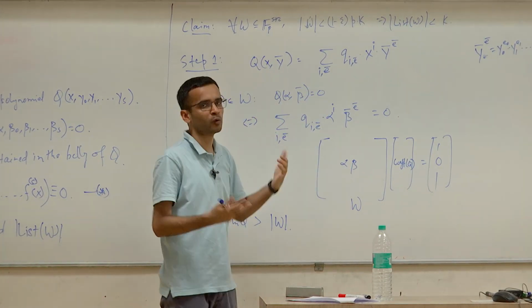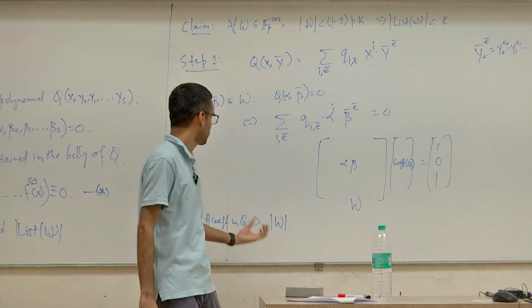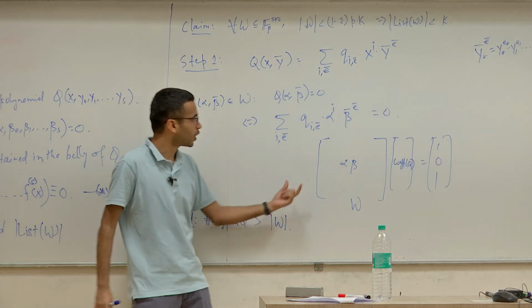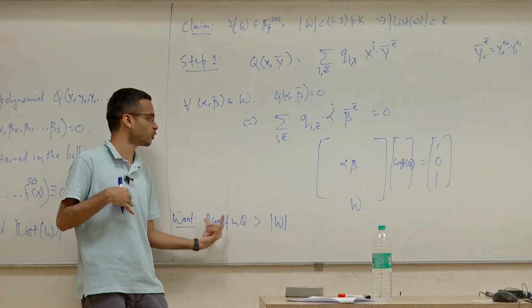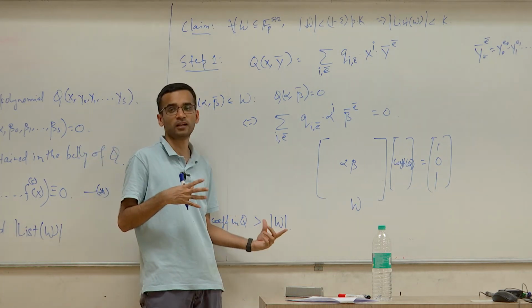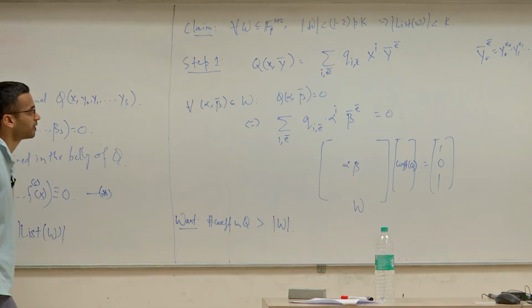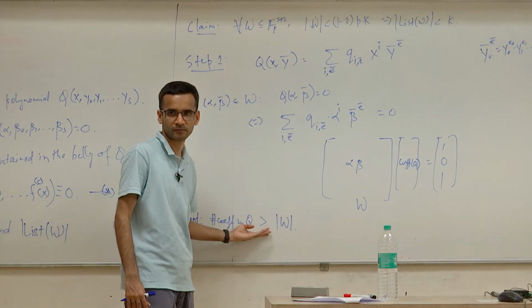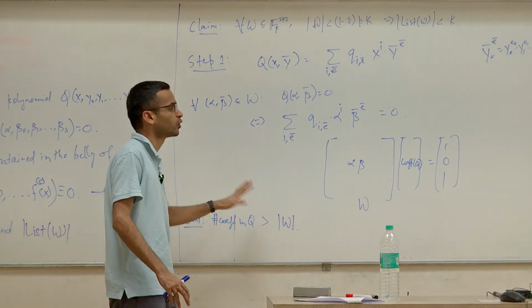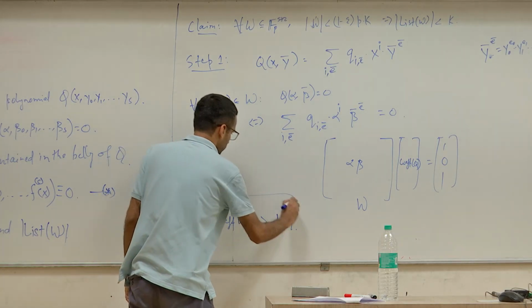We want Q to be low degree, and low degree forces us to only look at certain coefficients. Wanting this system to have a non-zero solution requires us to have sufficiently many coefficients, so that the number of coefficients is more than the number of constraints. So the parameters have to be set in a way that this condition holds. We will not do it right now. We will do it soon. But this is what we want.